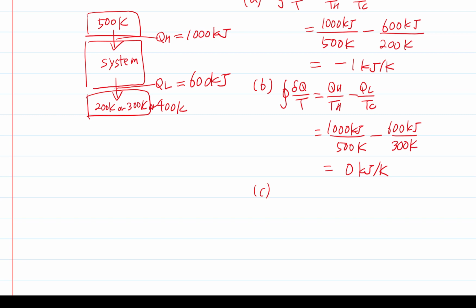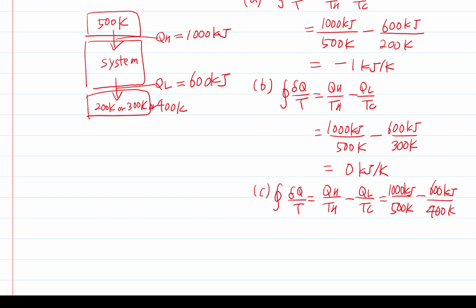Case C, the cyclic integration of delta Q over T is 1000 kilojoule over 500 Kelvin minus 600 kilojoule over 400 Kelvin. This is 0.5 kilojoule per Kelvin.